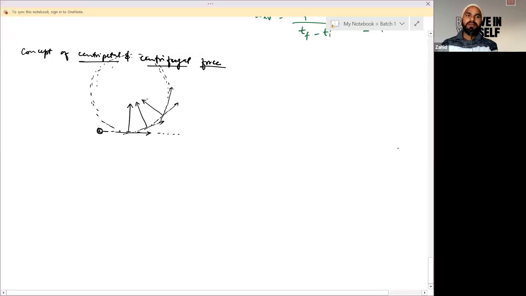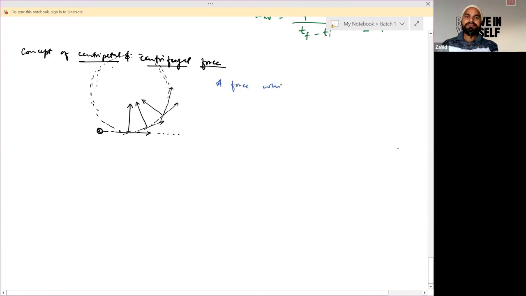Yes, sir. It may be of any origin. It could be gravitational force, electric force, tension, or any other. If its action is to change the direction of a body at each instant so that it starts revolving along a circular path, then that force is termed as centripetal.